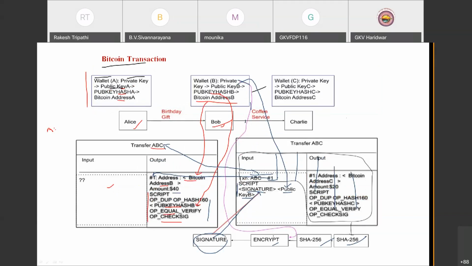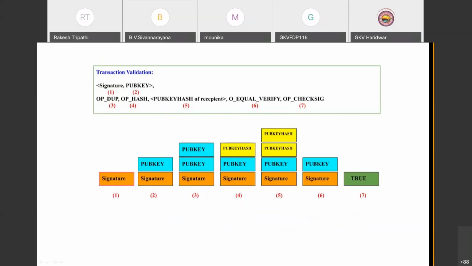If anyone has to verify this transaction, what will he do? He will append this script, the signature and public key B, and this script one after the other. So he will write one and two, and execute 1 and 2 on a stack.